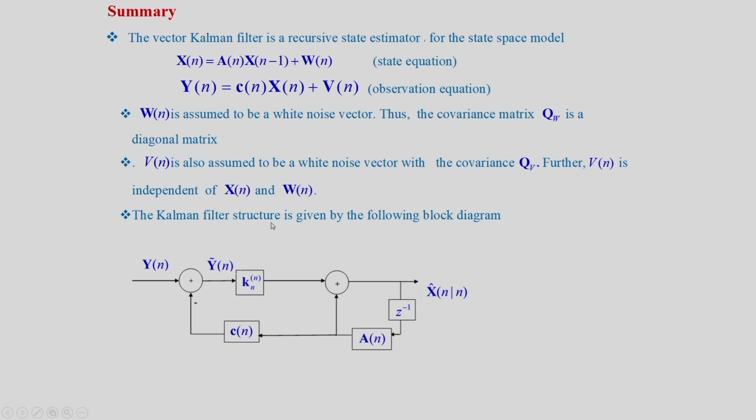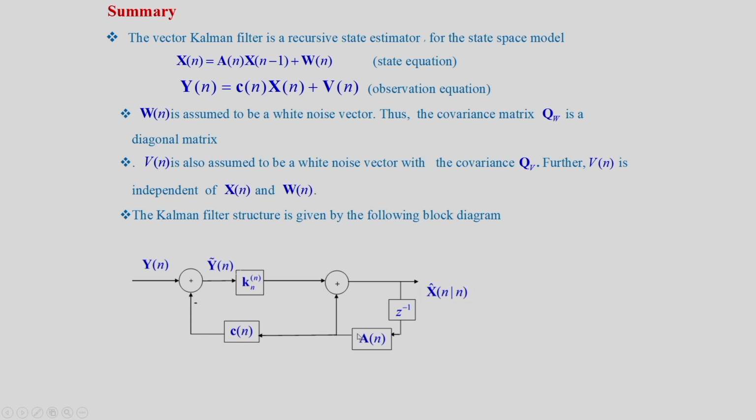The Kalman filter structure is given by the following block diagram. This is the input data yn, and this is x at n given n, the output state estimator. This is the input, that is the data vector. Now, this is delayed, which gives x at n minus 1 given n minus 1, multiplied by An to get the predicted part.